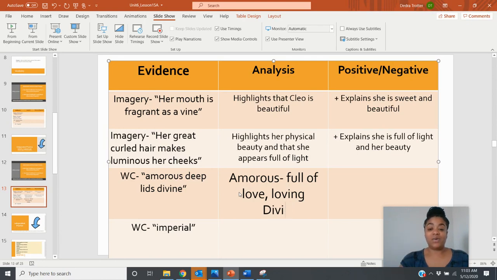I am intentionally going to wait in writing what divine means because I know that I have some little sneaky peeks. Kind of like my Edwin.